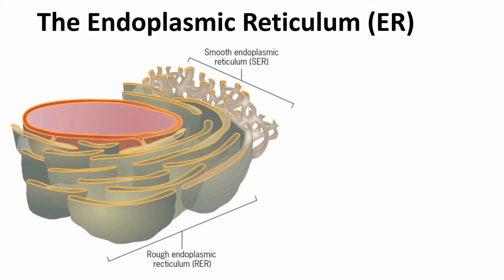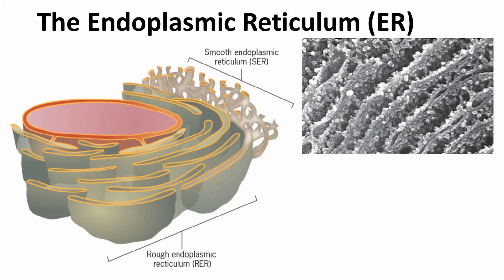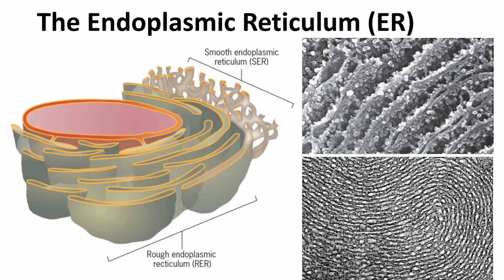What's more is that the smooth endoplasmic reticulum is tubular in shape, as we see here, while the rough endoplasmic reticulum is flattened in shape. Now, here's a picture of the rough endoplasmic reticulum, and here's a picture of a smooth endoplasmic reticulum.